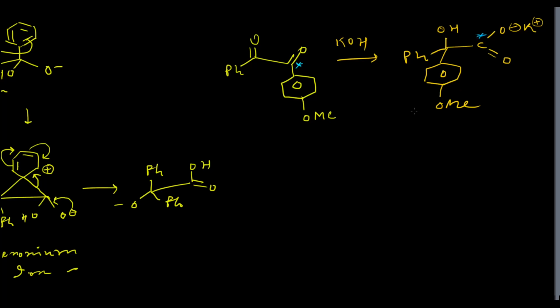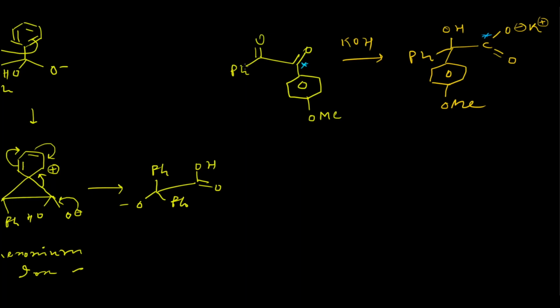So from this, we can definitely say that the migration of this paramethoxyphenyl group is actually taking place during the reaction. And why is it taking place preferentially over this phenyl group? This is happening because in case of paramethoxyphenyl group, the stabilization of the phenonium ion is maximum.